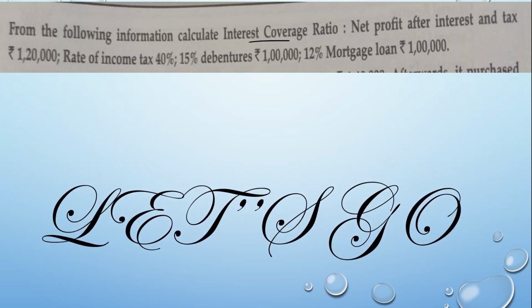So let's go. Let's write down the detail again once more for ease. Net profit they have given after interest and tax. That was given as rupees 1,20,000. They've given the tax rate as 40%.